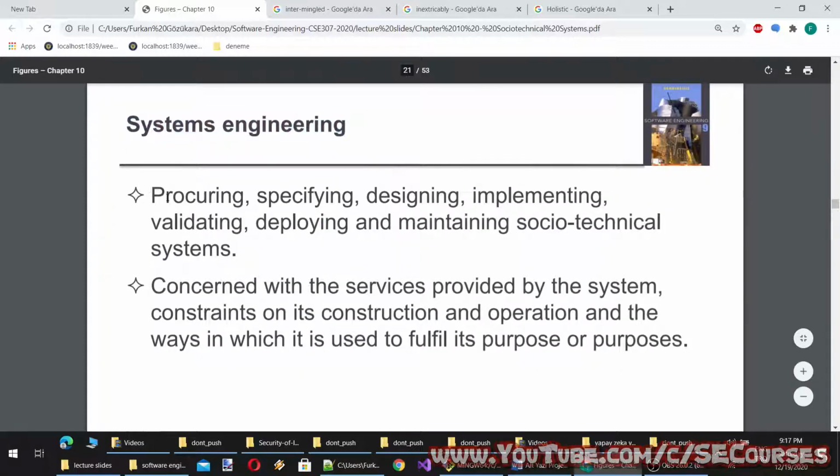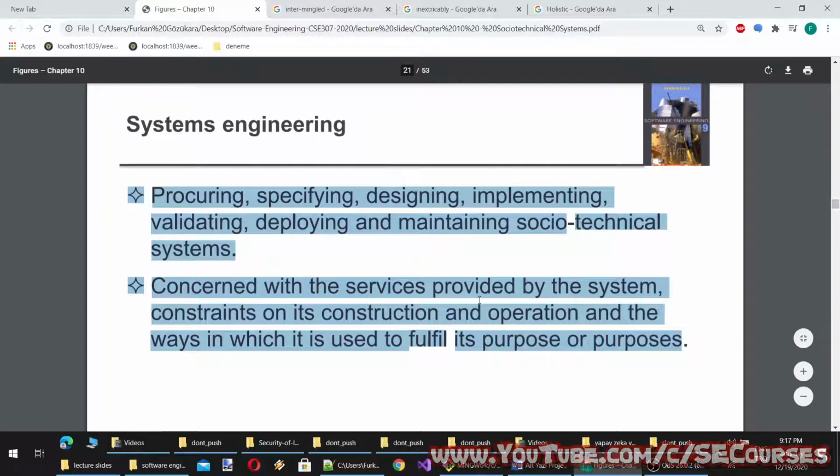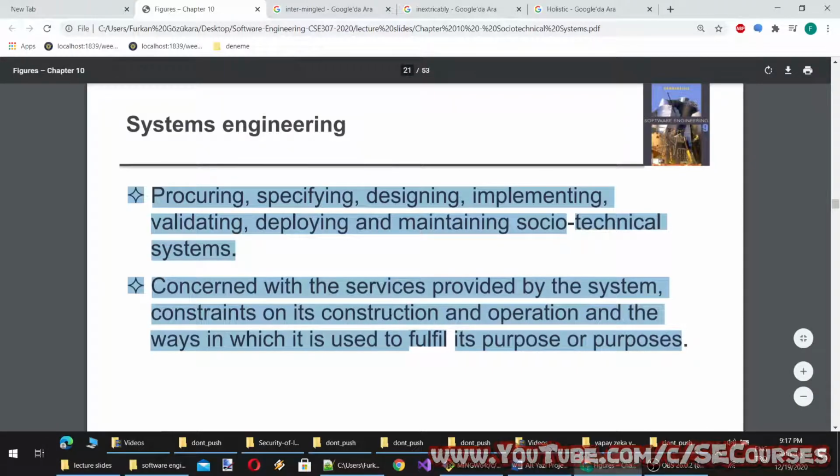Systems engineering. Procuring, specifying, designing, implementing, validating, deploying and maintaining socio-technical systems. It is concerned with the services provided by the system, constraints on its construction and operation, and the ways in which it is used to fulfill its purpose or purposes.